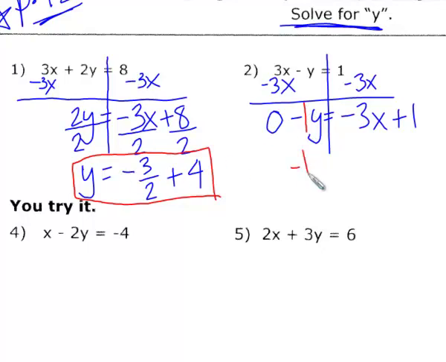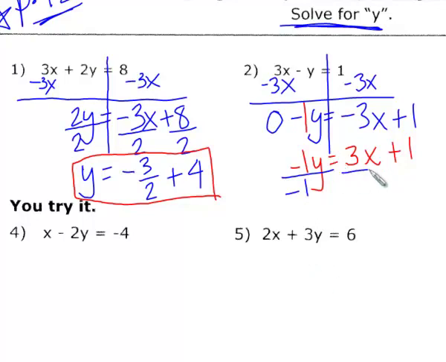So if I have negative 1y equals negative 3x plus 1, let's take a look at what I did on number 1. Whenever I had a number in front of my y, I had to divide by that number. So over here, I do have a number in front of my y, and that is a negative 1. So I need to divide everything by a negative 1.